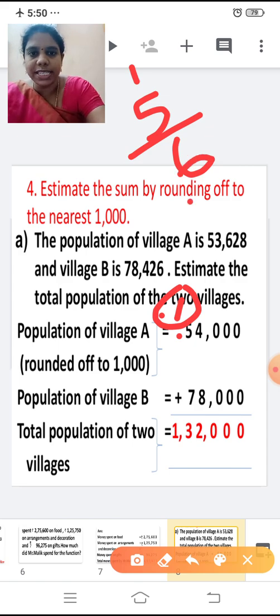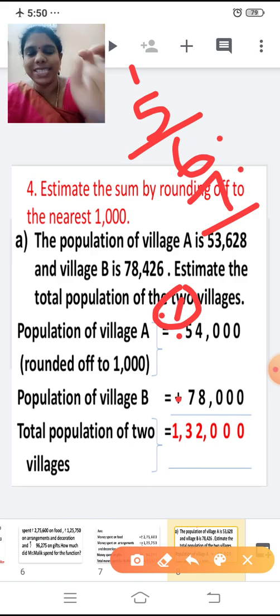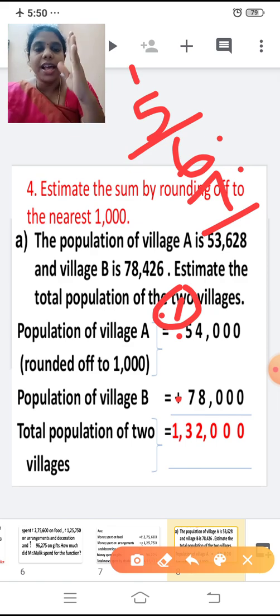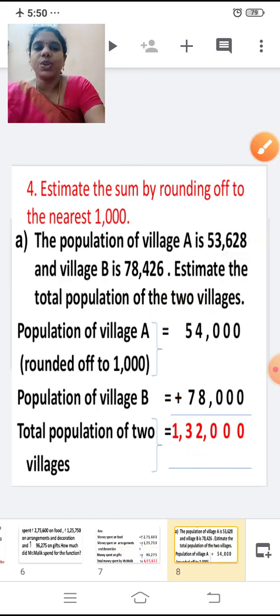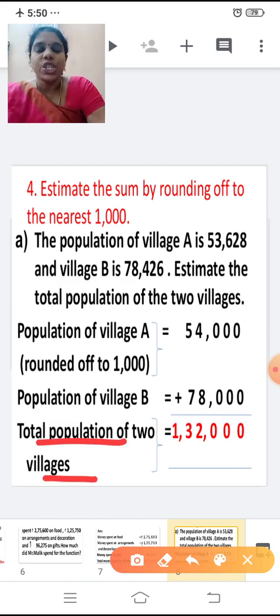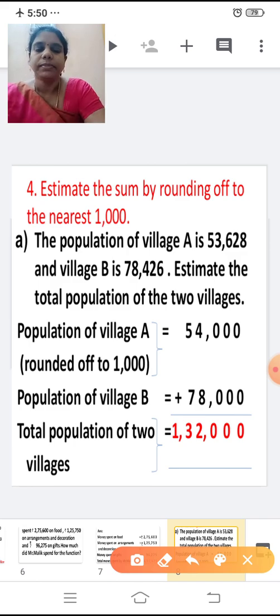With 6, I am going to add 7 more to it. 7, 8, 9, 10, 11, 12, 13. So the answer is 13. So write it down, 1, 3. So what is the total population of the two villages? The total population of the two villages is equal to 1,32,000. Understood, children? This we have found by estimating the sum by rounding off to the nearest 1,000.